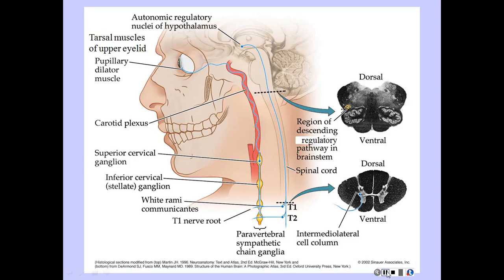So let's ask ourselves about the two basic neurons, pre- and postganglionic sympathetic fibers. If we're talking about the eye, and you think about that huge chain of preganglionic neurons in the spinal cord, it makes sense that the eye would be influenced by the neurons at the very top of that chain in the spinal cord, and that's around T1, T2.